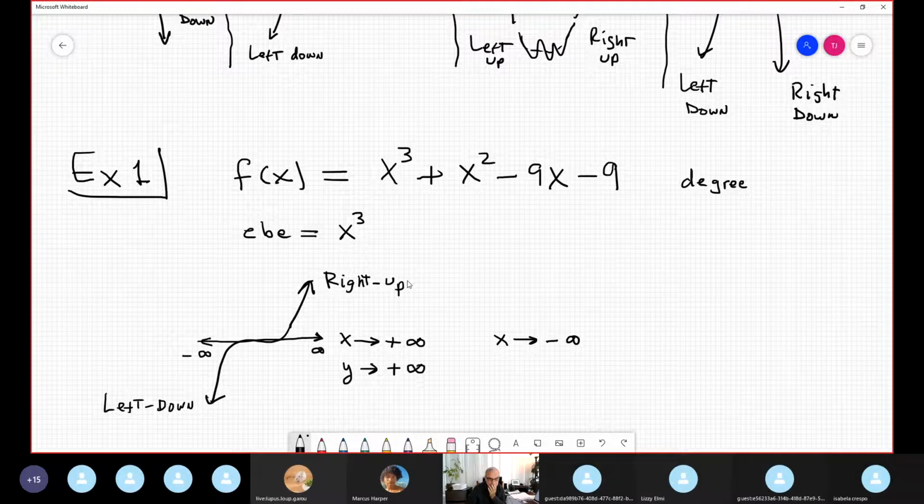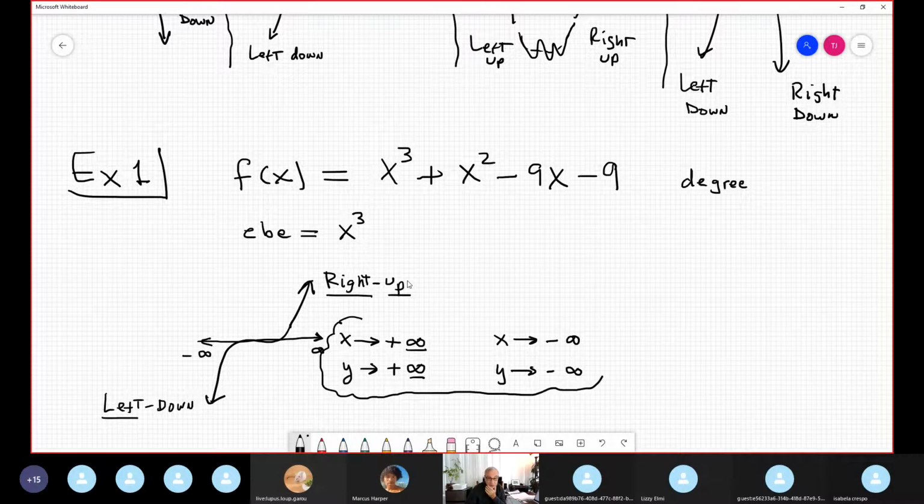That is the reason for right up. And on the other hand, when x approaches negative infinity, the case is left, and y approaches negative infinity. But it's not necessarily always the same. It's another mathematical, symbolic way to indicate end behavior, right? Graphically, or in words: left down, right up, or this one.